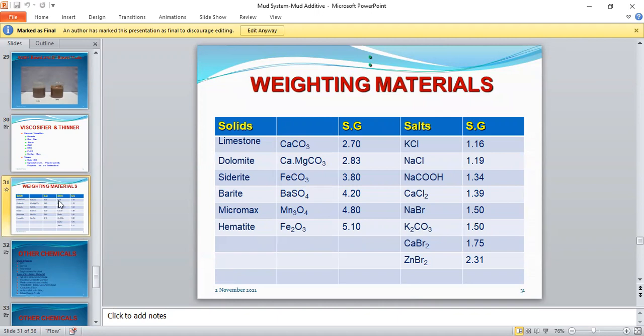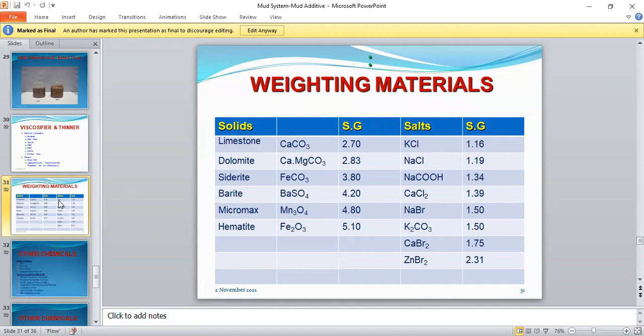Weighting materials, pressure control. What do you use for pressure control? What do you use to give the mud the hydrostatic is weighting materials. We want to look at some weighting materials. Number one, limestone, calcium carbonate. The SG is 2.7. Dolomite, calcium magnesium carbonate. Siderite, iron carbonate.